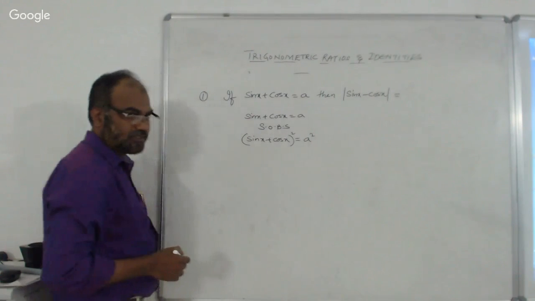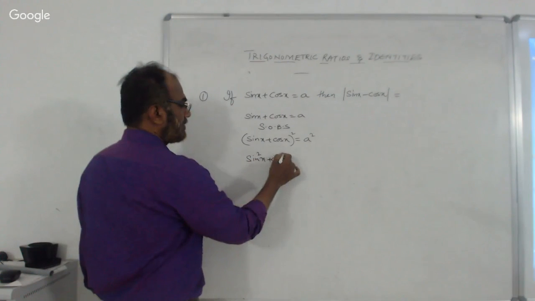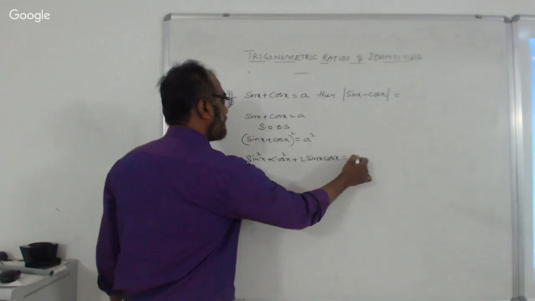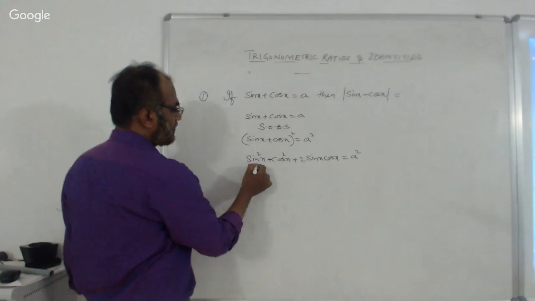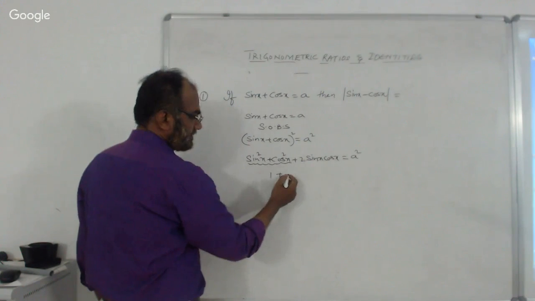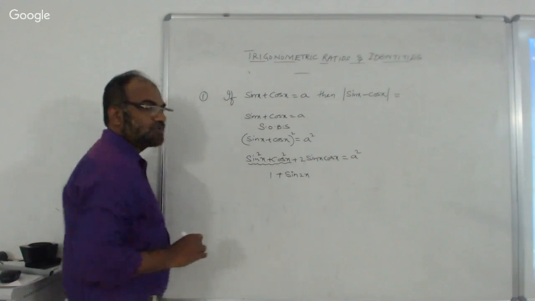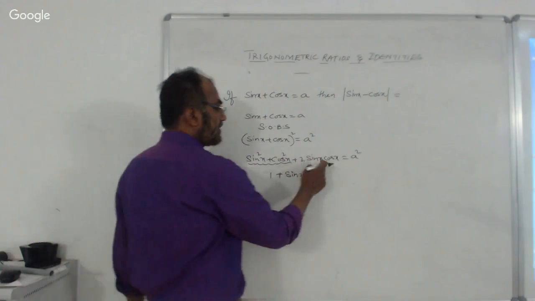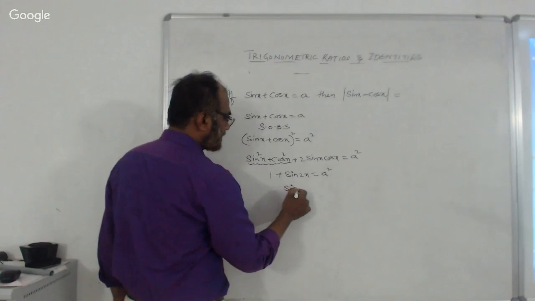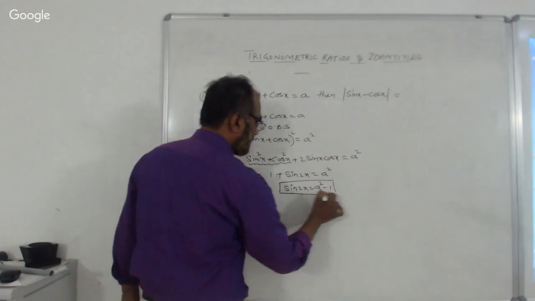This is a square plus b square plus 2ab: sin square x plus cos square x, which is the identity 1, plus 2 sin x cos x, which is sin 2x, equals a square. From here, I get the value of sin 2x as a square minus 1.